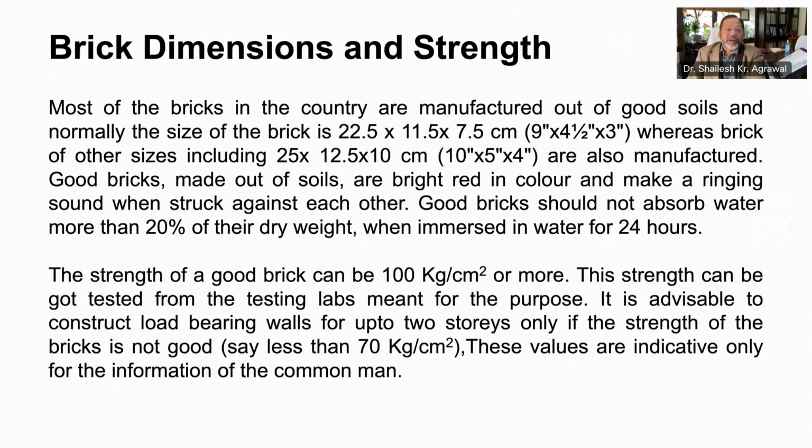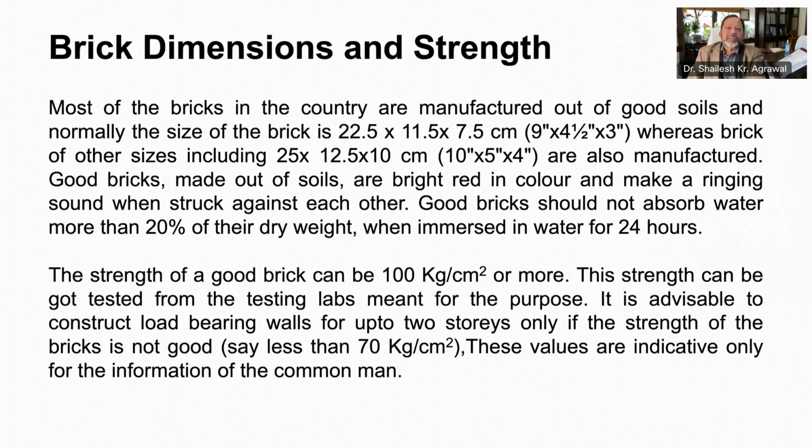The bricks of other sizes, including 10 inches by 5 inches by 4 inches, are also manufactured in some parts of the country. Good bricks made out of soil are normally bright red in color and make a ringing sound when struck against each other.